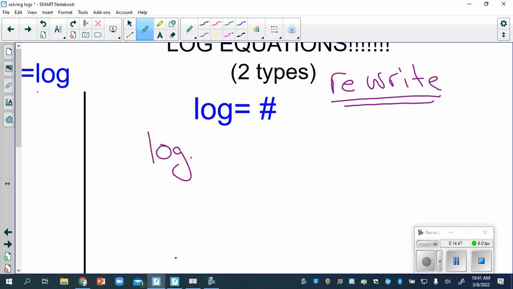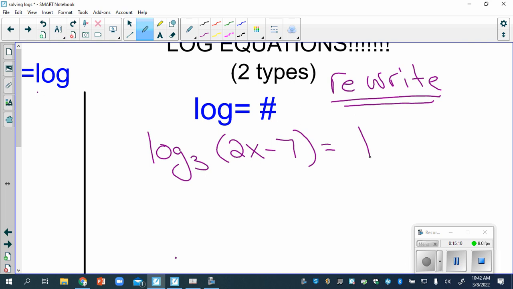Log 3, 2x minus, oh, I got to think of this one in my head. Oh, that'll work. Equals 1. Okay. Does it have the word log in it? Yes. Does it have an equal sign?